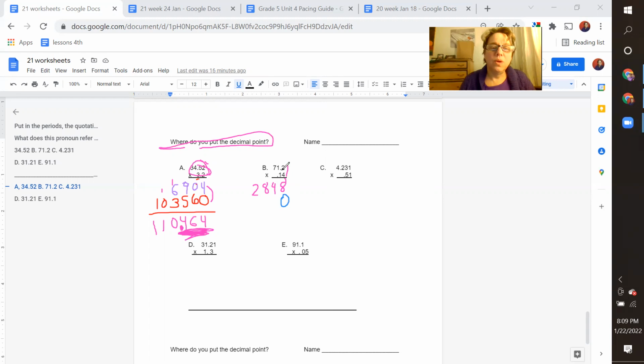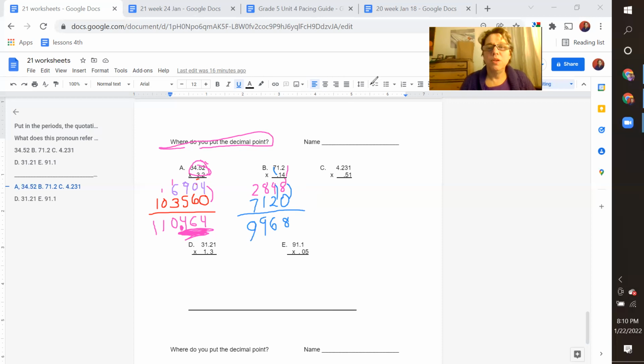Now it's easy. 1 times 2 is 2. 1 times 1 is 1. And 1 times 7 is 7. And I'm going to add them up. 8 plus 0 is 8. 4 plus 2 is 6. 8 plus 1 is 9. So easy. And 2 plus 7 is also 9.